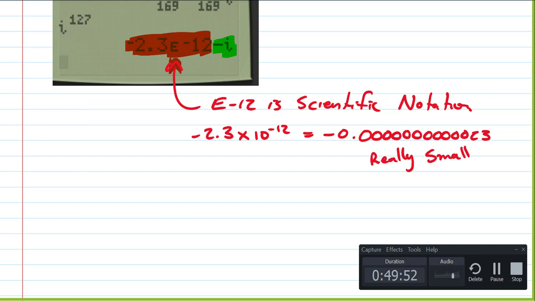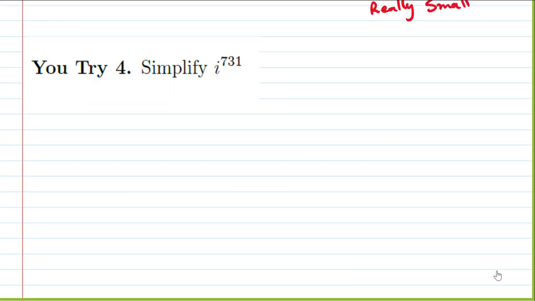All right, so let's calculate this. So how many times does 4 go into 731? So we have 1, 4, that gives us 3. We bring down our 3, 33. We get 8, that's 32.